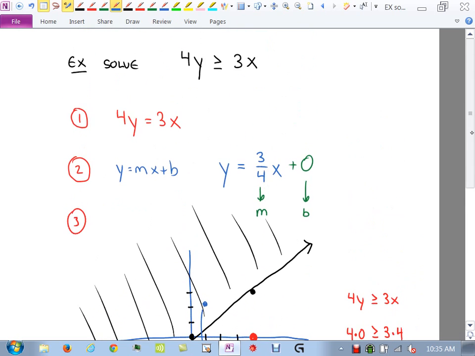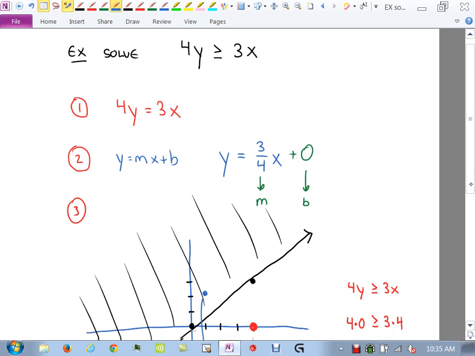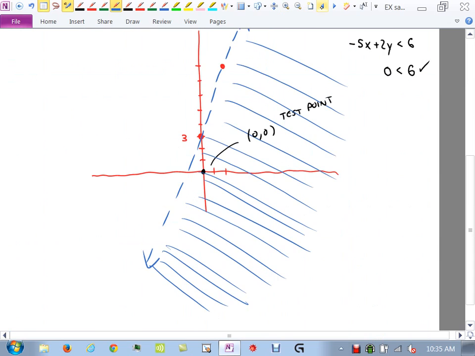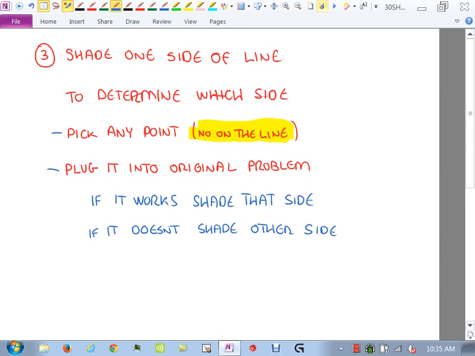On step 1, yes, you put equal. Oh, wait. You mean to do this third step where I'm testing? Remember, when you test that point, where do you test it? Plug it into the original problem, okay?